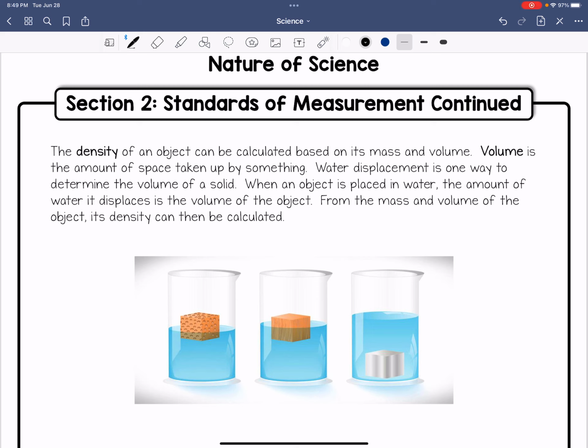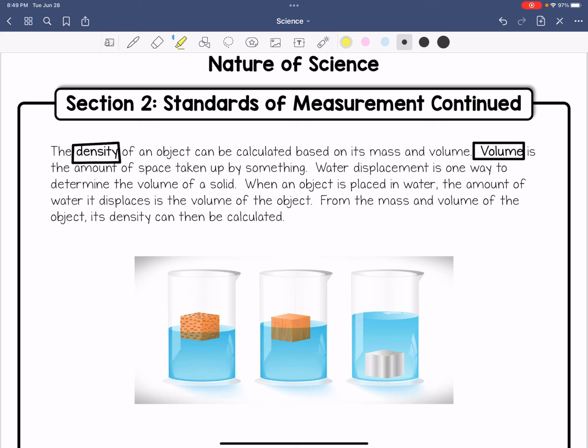The density of an object, so here is another vocabulary term, and I'm going to go ahead and get this one, volume. The density of an object can be calculated based on its mass and volume. Now, density is not defined here.